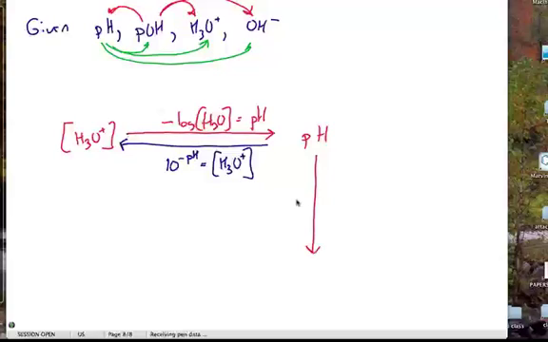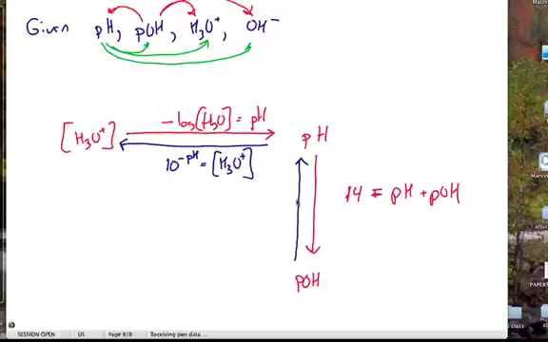Given pH, we know that we can use it to figure out pOH, because we know that 14 is equal to pH plus pOH, and vice versa. Basically just subtraction.